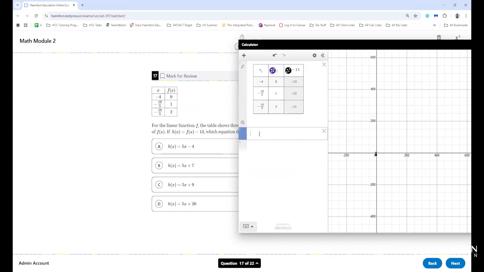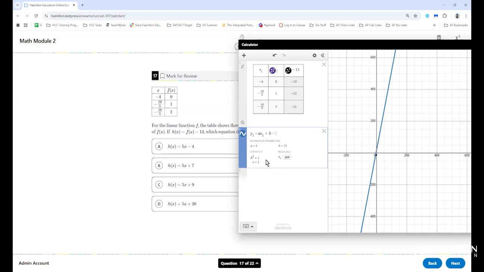All right, so y1 tilde ax1 plus b, that will give us the original f of x equation. And then we are subtracting 13 from it. So then the new model should be minusing 13.